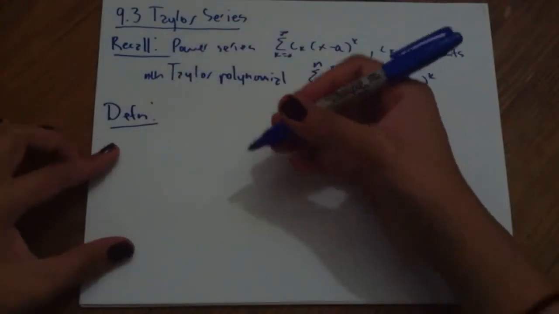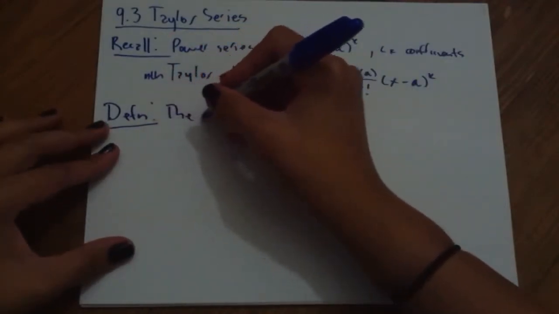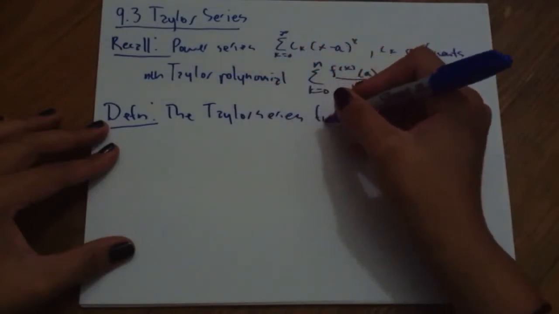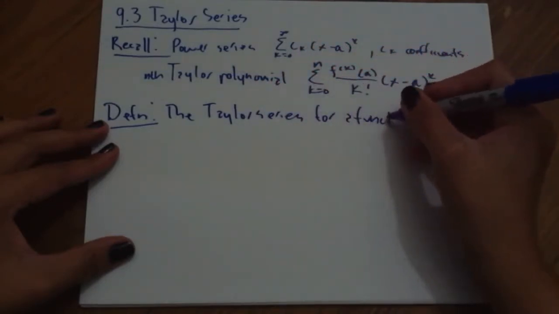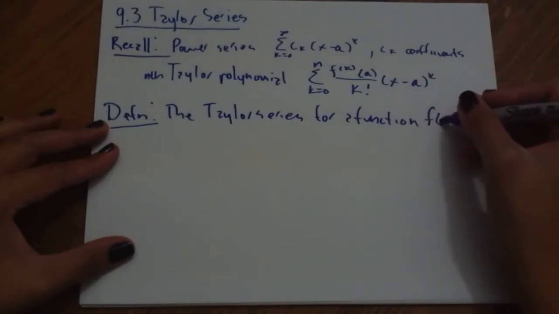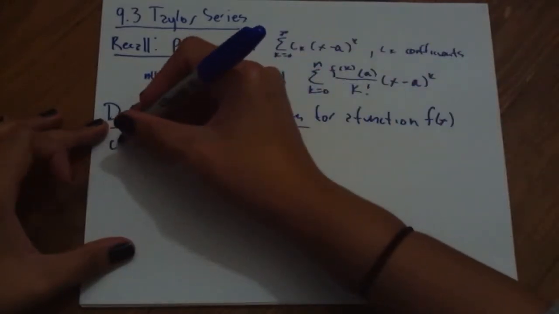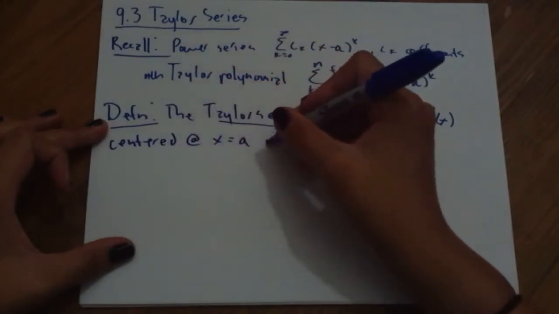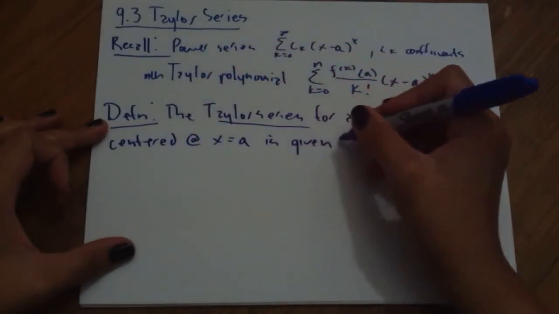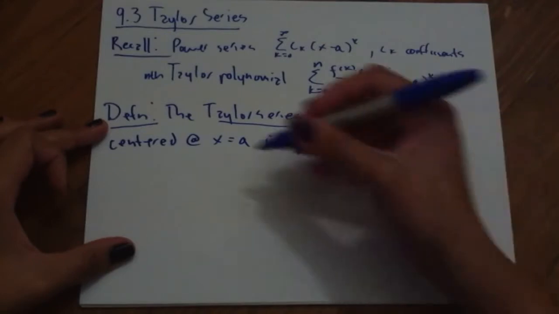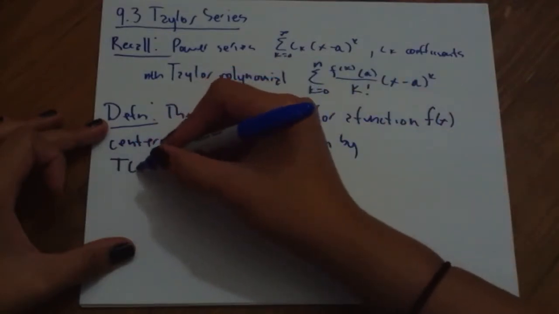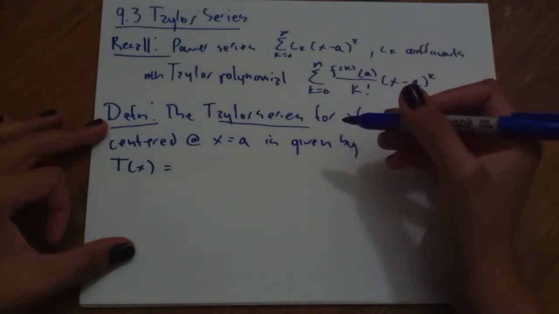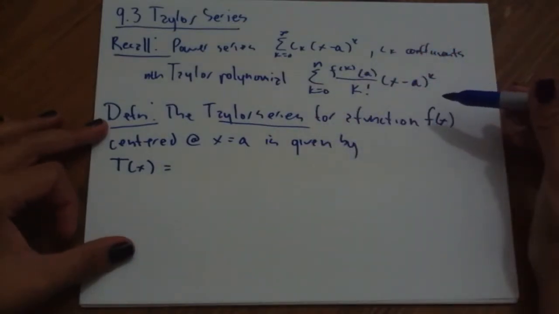So you have seen this before, the Taylor series for a function f of x centered at x equals a. This is given by the following. I'm going to go ahead and call this t of x.